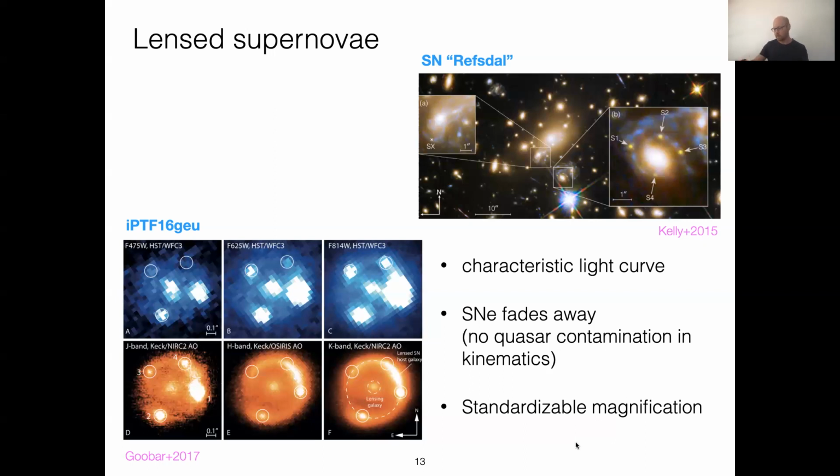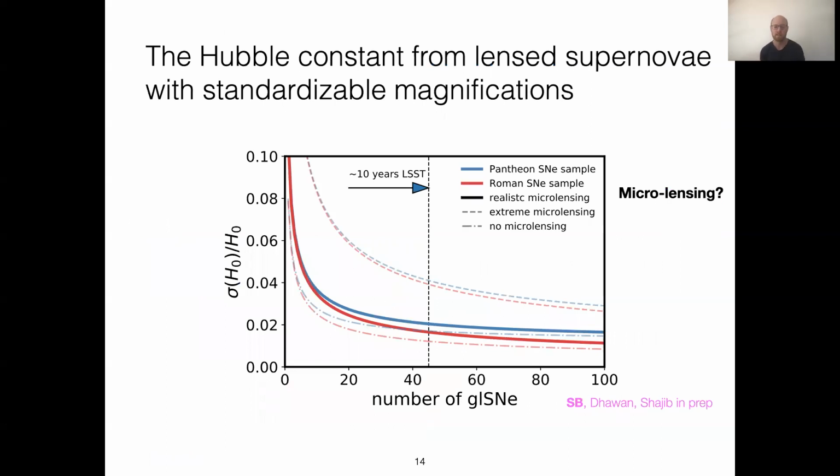And so with a team, I looked into this particular third part, to apply the TDCOSMO 4 formalism to standardizable magnification and see how well we can actually break the mass sheet degeneracy independent of kinematics with such an approach. This is work in progress with Suhail Dhawan and Anowar Shajib. Here we have a forecast for different microlensing scenarios that, to first order, results in a scatter and an inflated uncertainty in the mass sheet term.